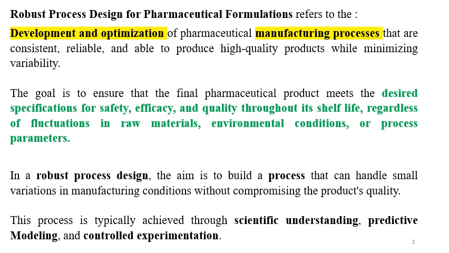If the process is not robust, then it will produce the products with variations every time. But in pharmaceutical manufacturing, the processes are required to be robust to meet the quality parameters. This is typically achieved through scientific understanding, predictive modeling, and controlled experimentation. So this is the way to make the process robust.